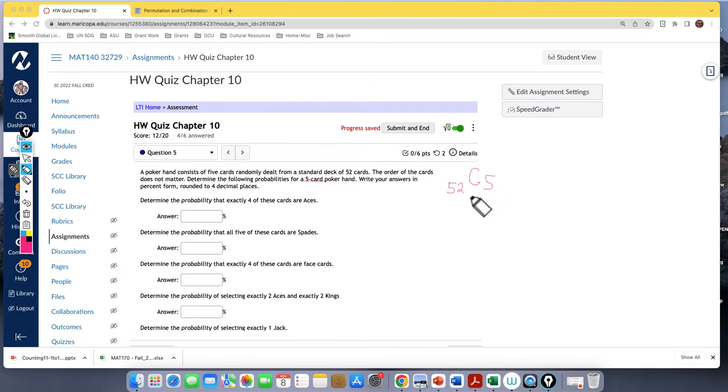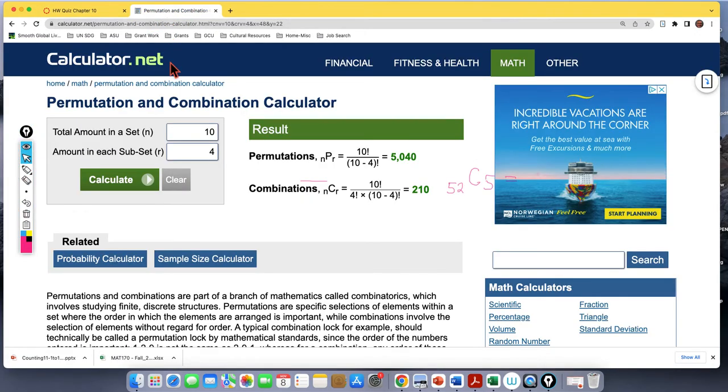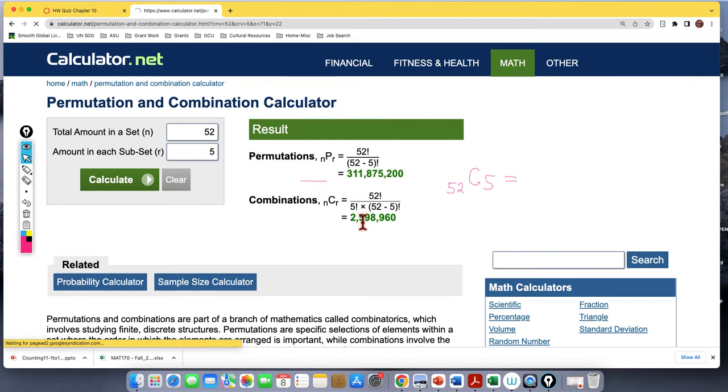This is going to be the denominator of all our calculations, because this is the total number of different hands. So that's 52 choose 5, and it's a combination. It's 2,598,960 different hands. That's our total. So I'll write that down as the total.